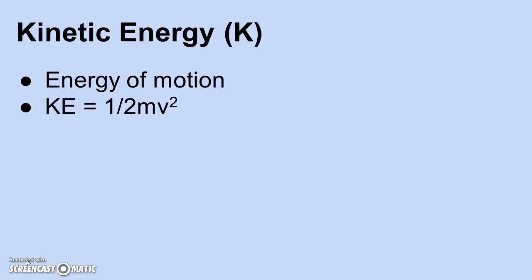We can quantify that energy using the formula 1/2 mass times velocity squared. Our new units for energy are joules. There are all forms of energy, but we will look at specifically kinetic as in relation to potential energy.